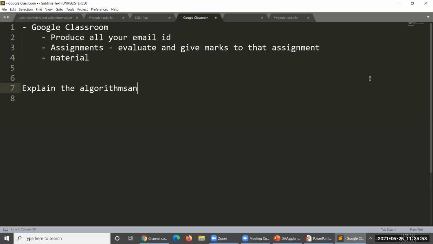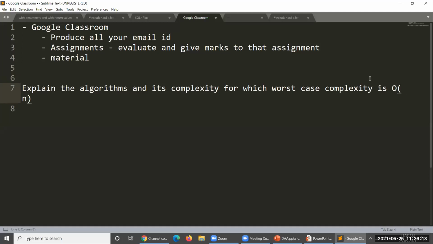Explain the algorithm and its complexity for which worst case complexity is big O of n square, and average case complexity is big O of n log n. Here I was unable to write n square, so that is why I have written it like that.